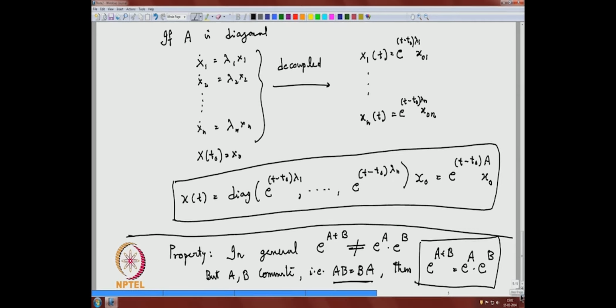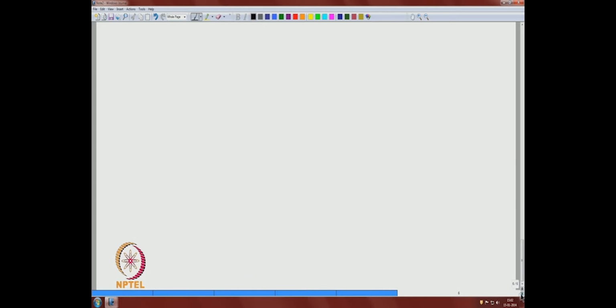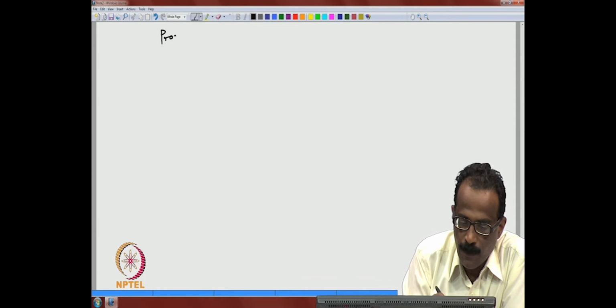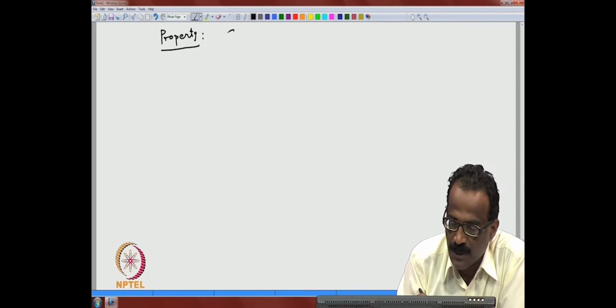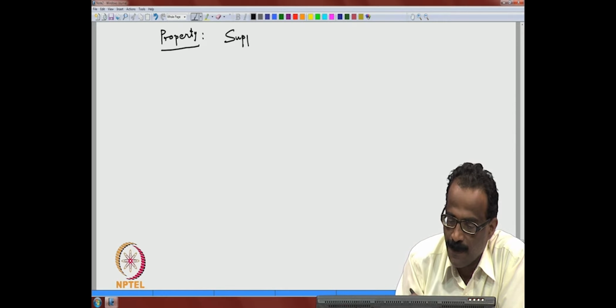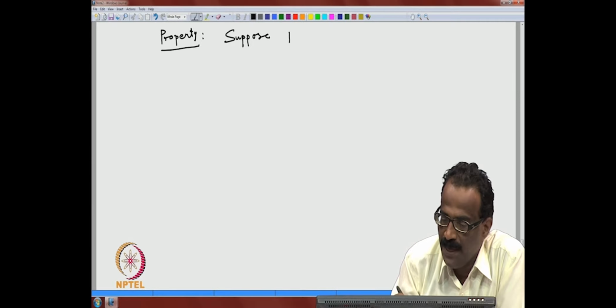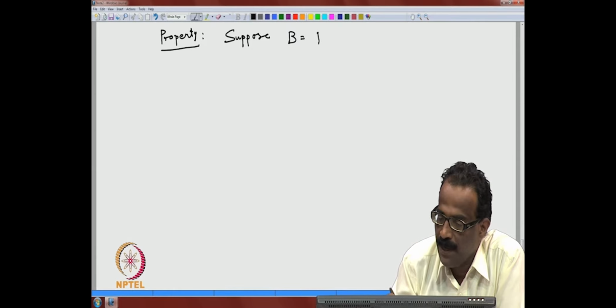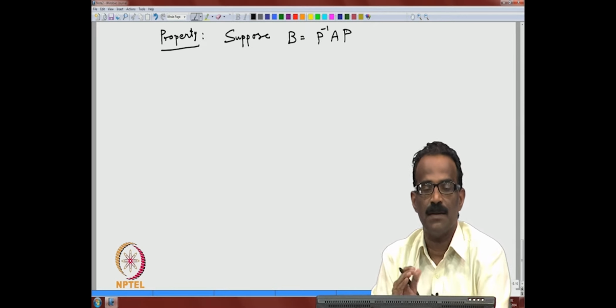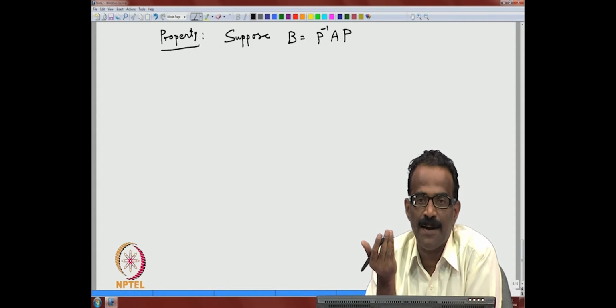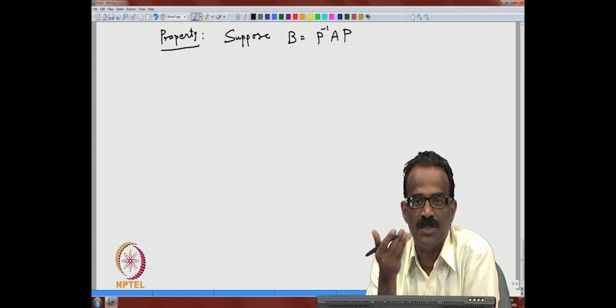Another important thing: I will recall today some more interesting things which are necessary here. Another property which we want to recall: suppose B is of the form P inverse A P. Such matrices are called similar matrices. As you know from linear algebra, similar matrices represent the same linear transformation.